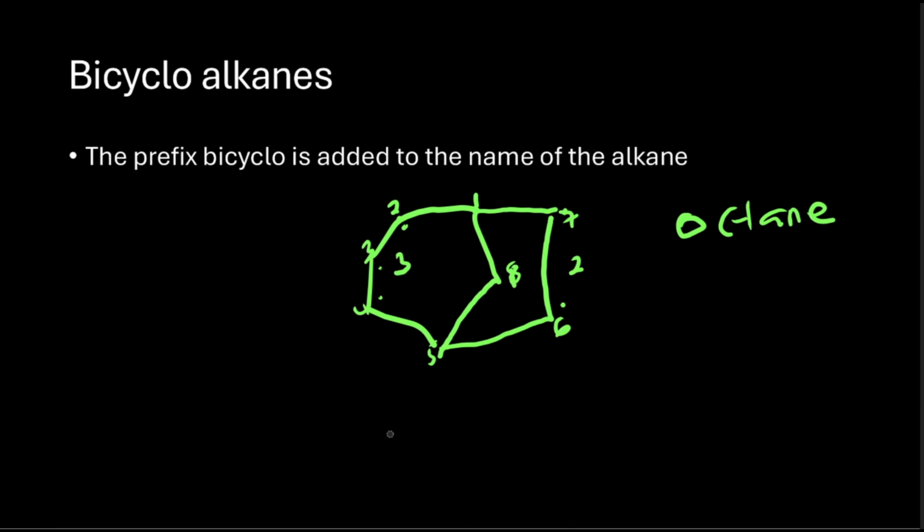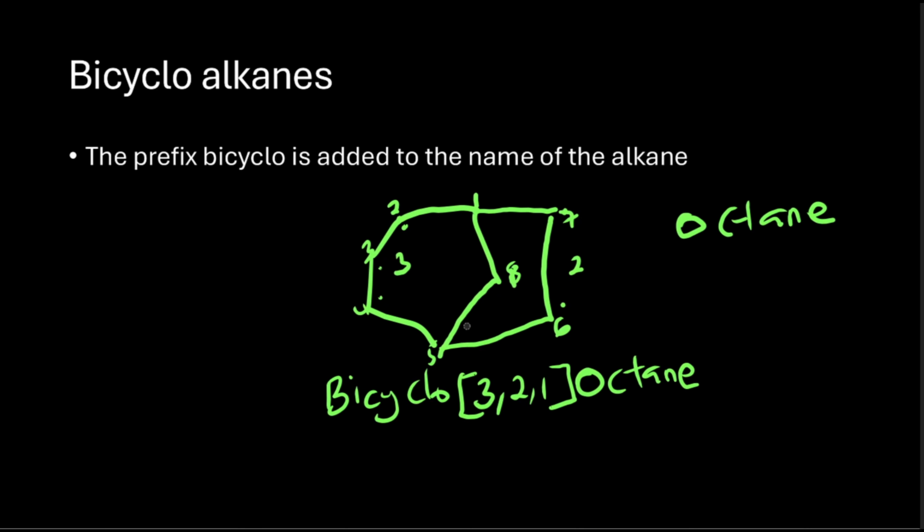And then we come to the naming of the structure itself. So we bring the prefix bicyclo and then into brackets. Now we have 3. We arrange the numbers in the descending order 3, 2, 1, and then the name of the alkane, which in this case is octane.